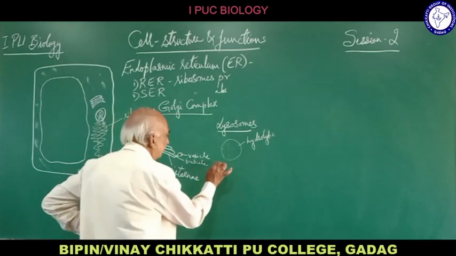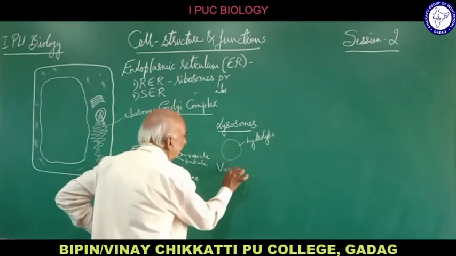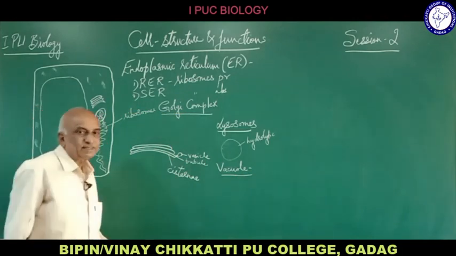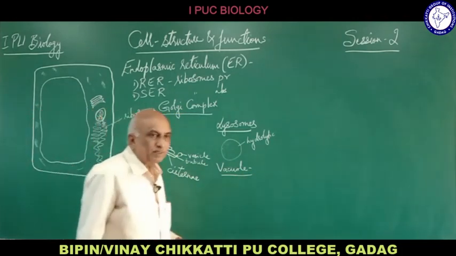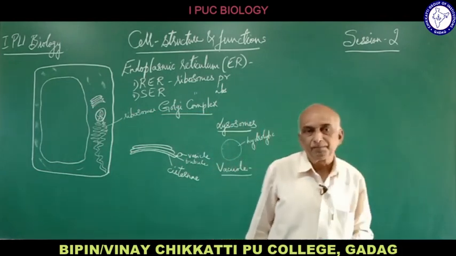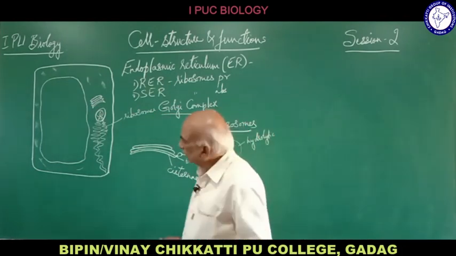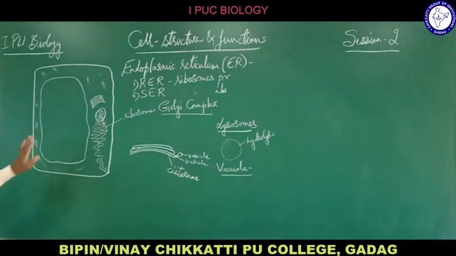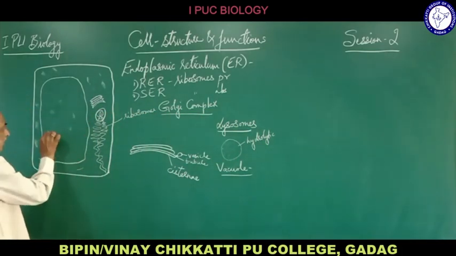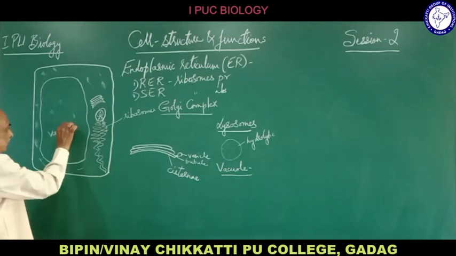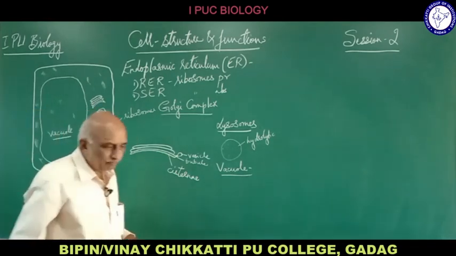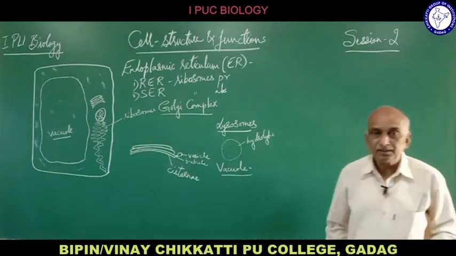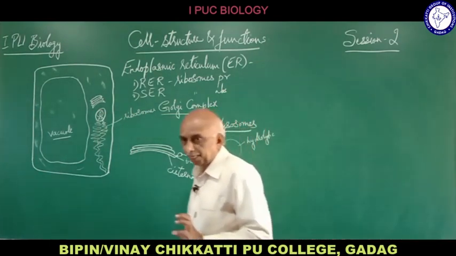And next, about the vacuole. Vacuole is present only in plant cells, and in animal cells it is present very rarely. If it is present in animal cells, it is very small. In a plant cell, the vacuole is very large, to such an extent that it occupies nearly 90% of the cell area inside.